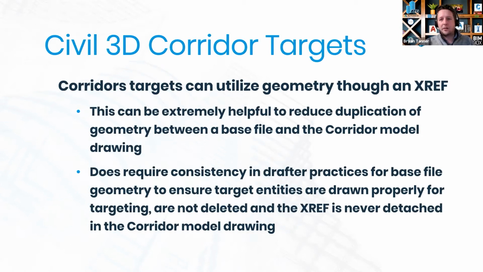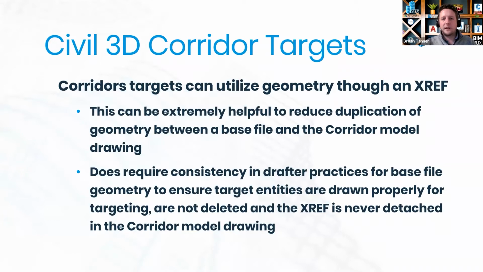I would edit a polyline rather than deleting it and replacing it. Additionally, if you've got that X reference in your drawing and you're using that as a basis of your targeting, whether it be horizontal or conditional information, you absolutely have to make sure that you never delete or detach that X reference from your drawing, or all of your targeting will be lost from the corridor as well.